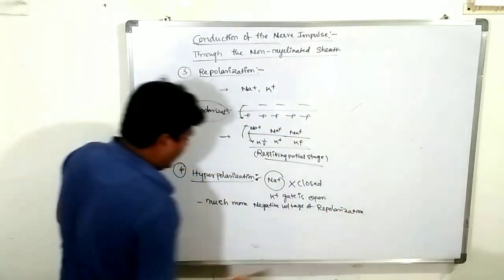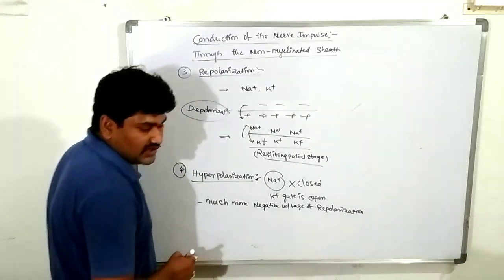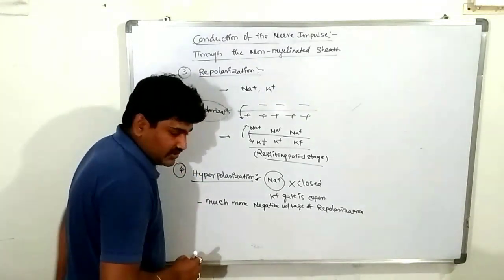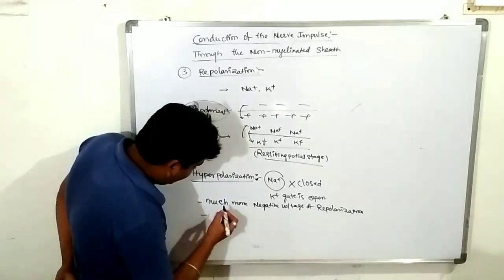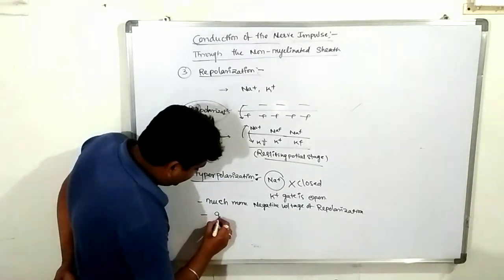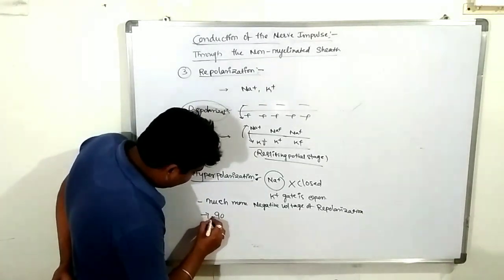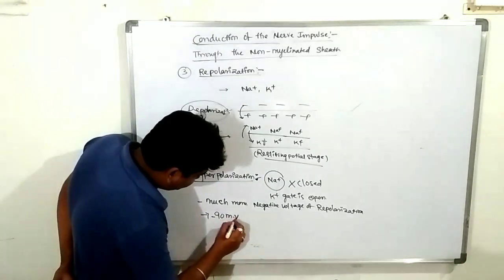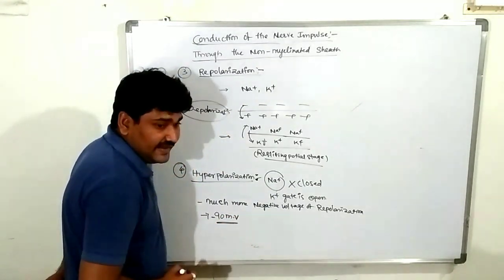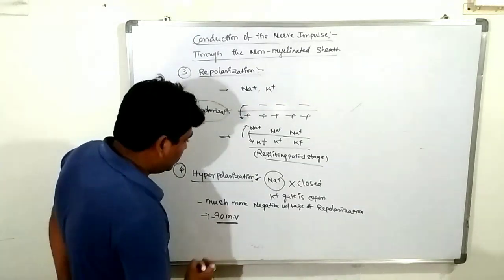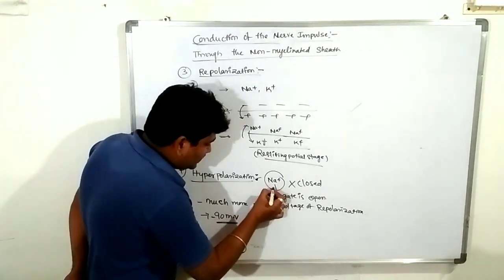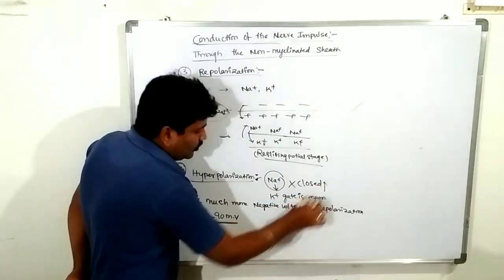That is known as hyperpolarization. So the much more negative charge means approximately minus 90 millivolts. The sodium channel will become closed, the potassium channel will become open.